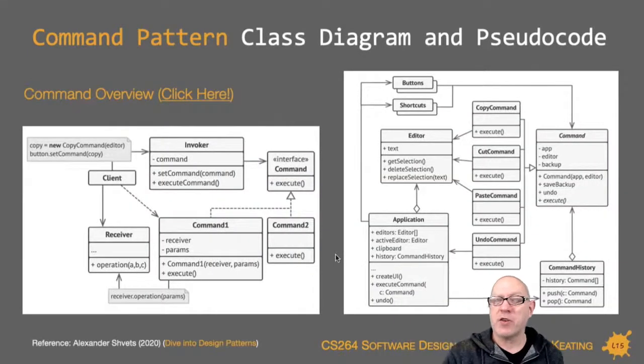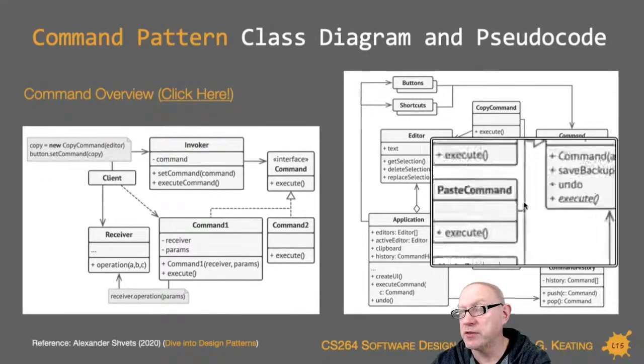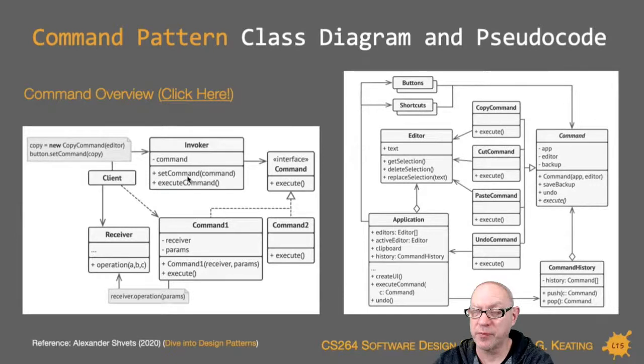Okay, so now here's a little bit more detail on the patterns. Okay, so on the left we have the command pattern, and on the right we have some pseudocode that tells you how we get from this pattern to this implementation. And it tells us that some invoker creates these commands that are sent to a receiver.